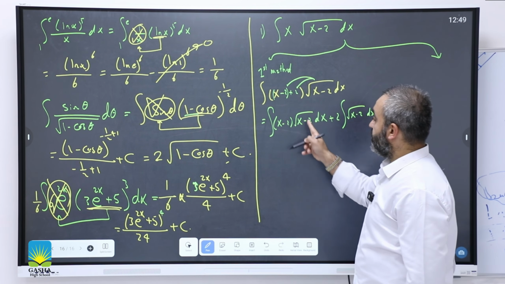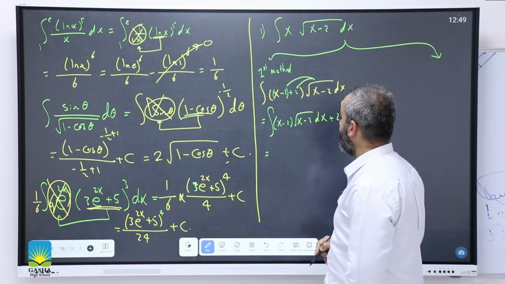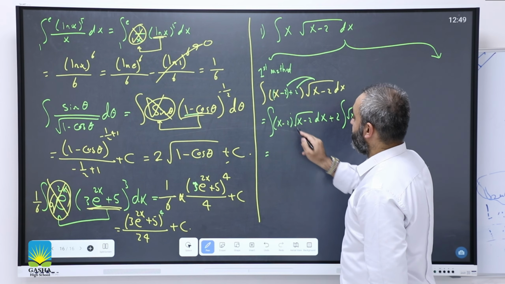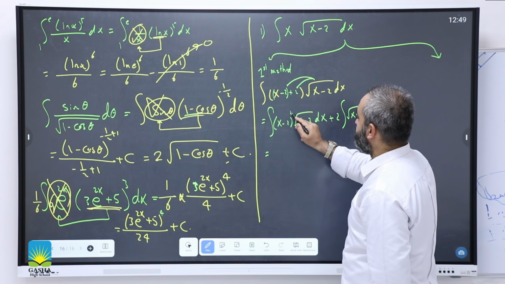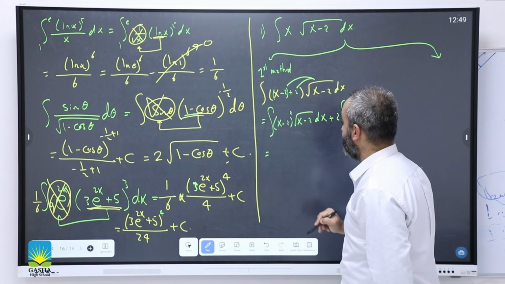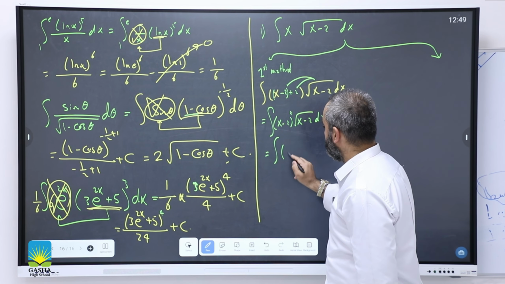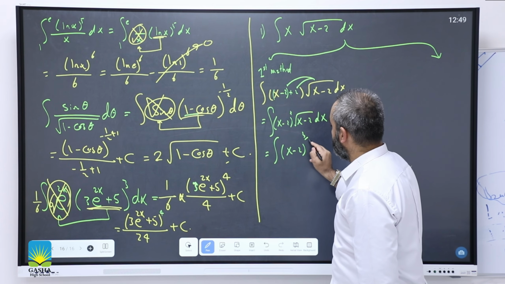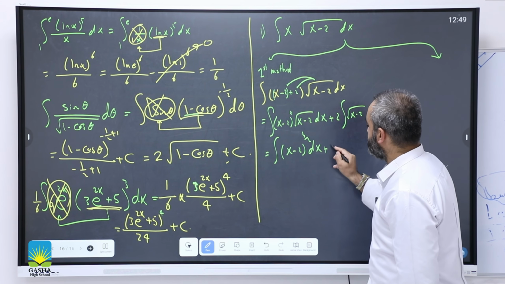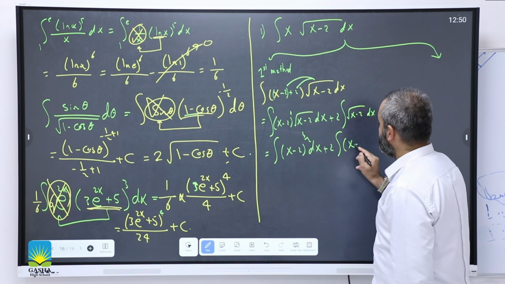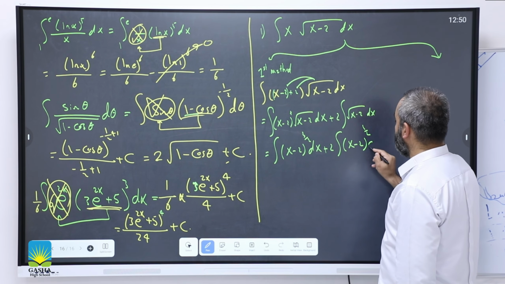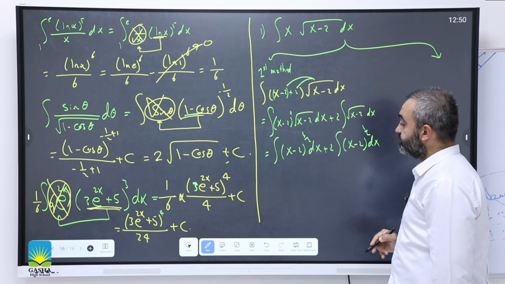So we add the power here, because we have 1 here and 1 over 2 here. 1 plus 1 over 2 is 3 over 2. So the integral of (x minus 2) to the power 3 over 2 dx plus 2 times the integral of (x minus 2) to the power 1/2 dx, right?